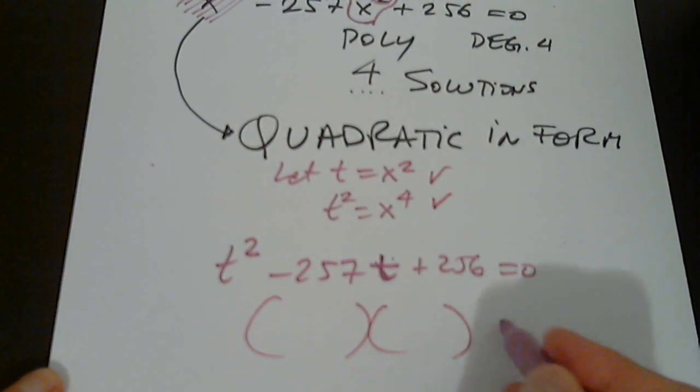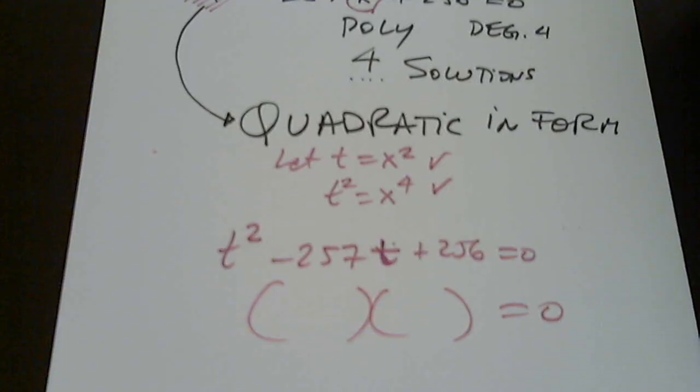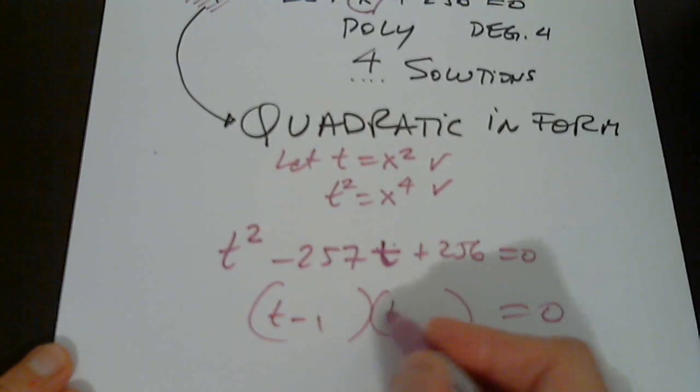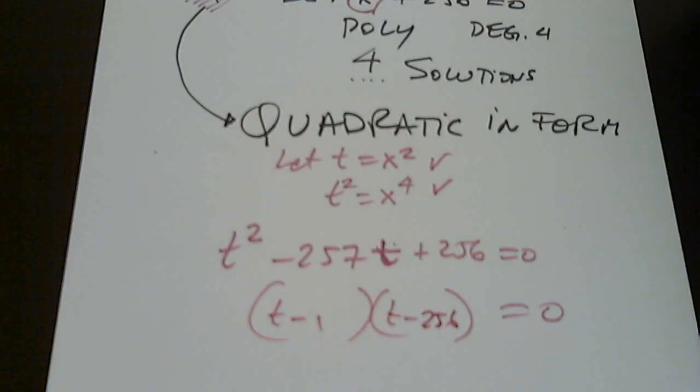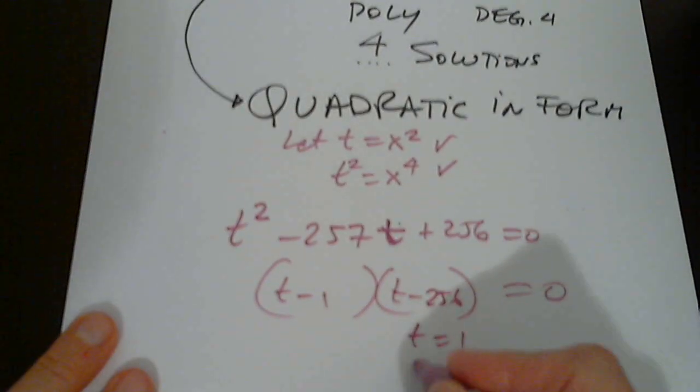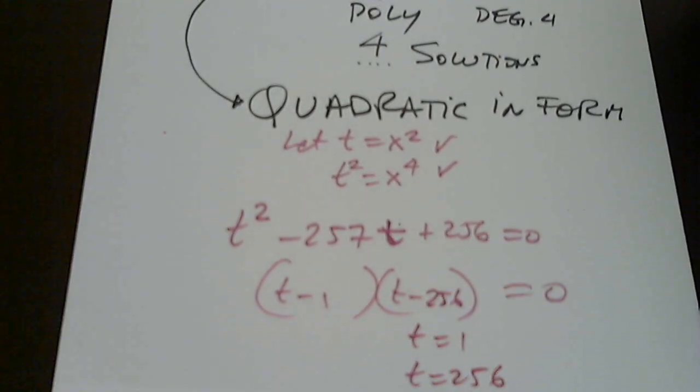This I can easily factor. The product is 256 and the sum is negative 257. So I have t minus 1 and t minus 256. Therefore, I have t equals 1 and t equals 256.